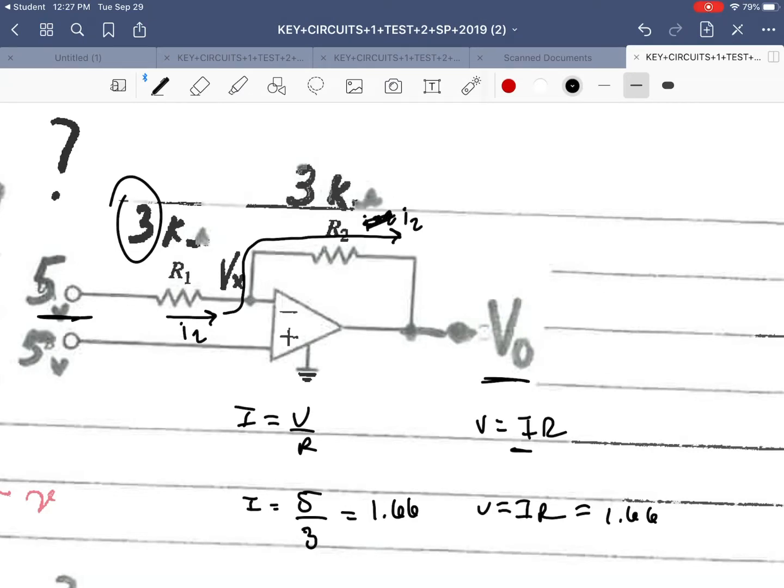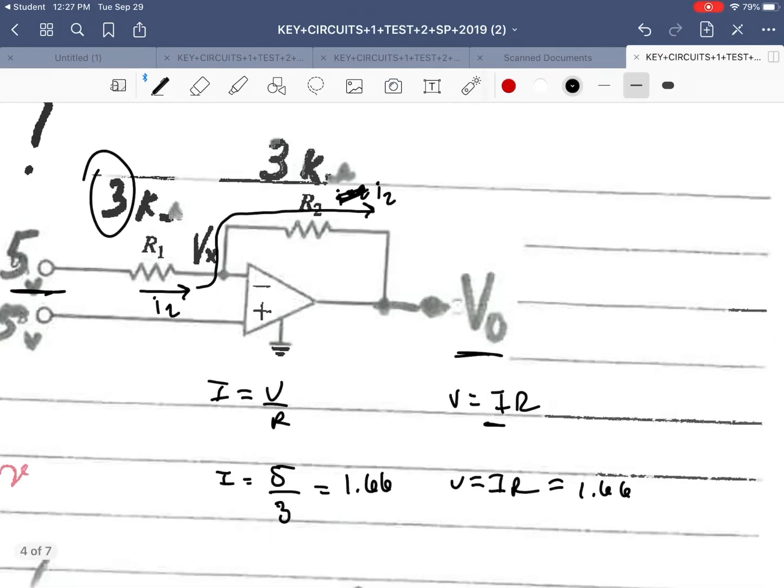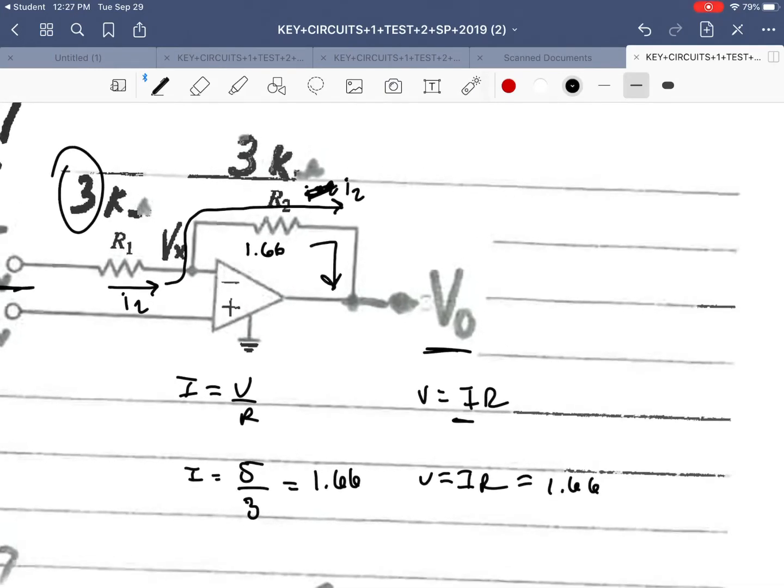I2. So I1 and I2 are equal. And so if the current we know is 1.66 flowing through here, then we can find the voltage down here by doing voltage equals 1.66 times resistance, which is 3, and 1.66 times 3 is going to give us 5 volts.